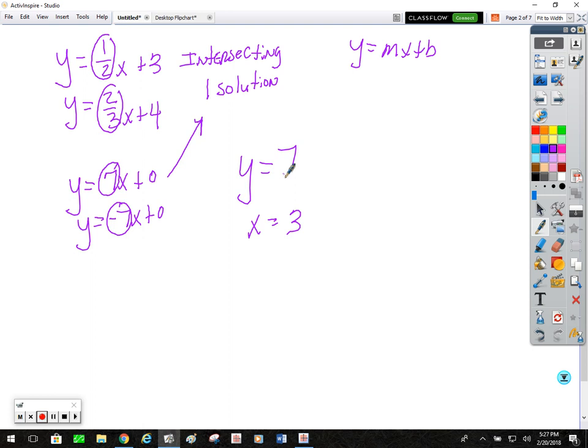But by the definition, I know the slope of the horizontal line is 0, and this vertical line has a slope that is undefined. So automatically, 0 slope and undefined slope, I know those lines are going to cross somewhere and have one solution. Okay, so just check your slopes and see how it works.